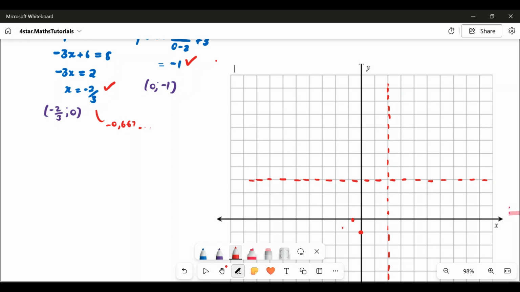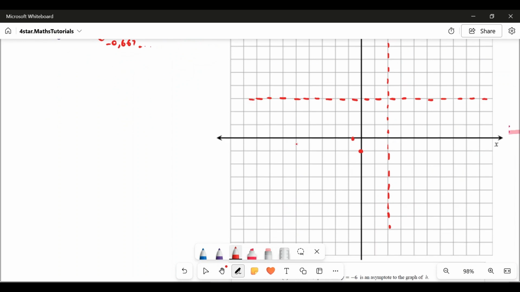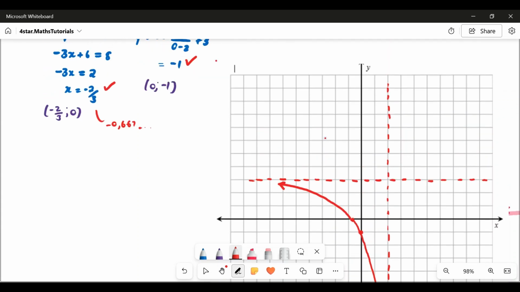Then we must make sure that the graph does not intersect with the asymptote. So I have to join these 2 points. Let's join them. Then it must be a curve. Then if the other twin is this side, the other one must be that side.